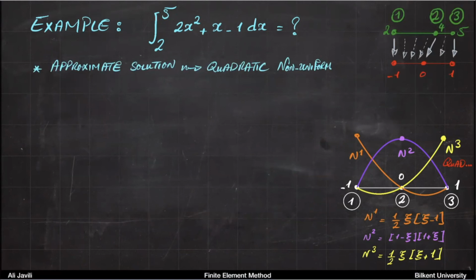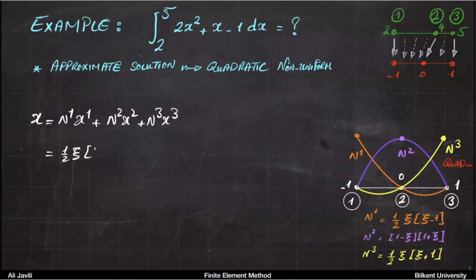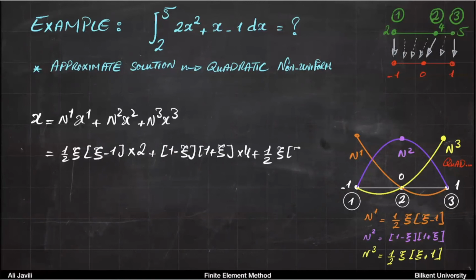Again, the process of writing x coordinate is the same as we did before. x is N1 x1 plus N2 x2 plus N3 x3. Now, N1, N2, N3, we just take from what we have on the corner. So again, 1/2 c minus 1 times 2, coordinate of point 1, plus 1 minus c times 1 plus c times 4, plus the last coordinate is 5, multiplied by N3.